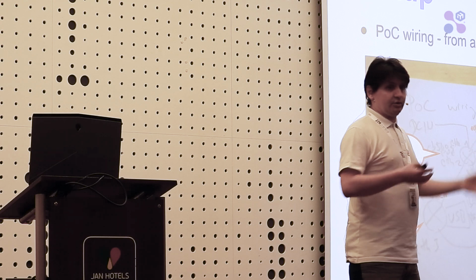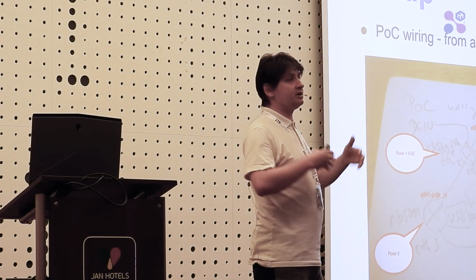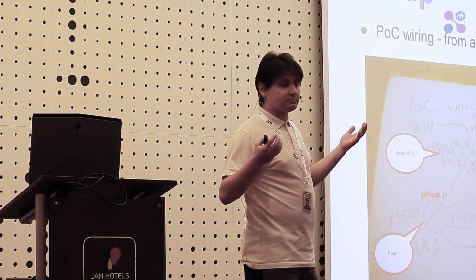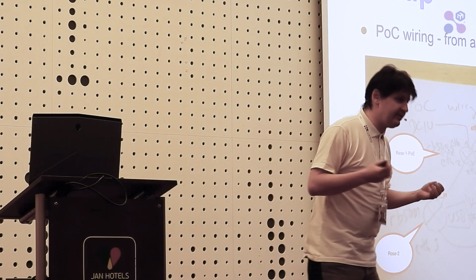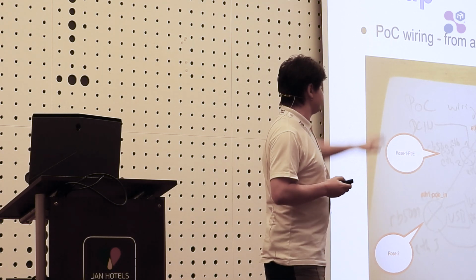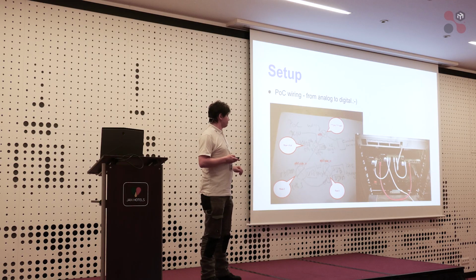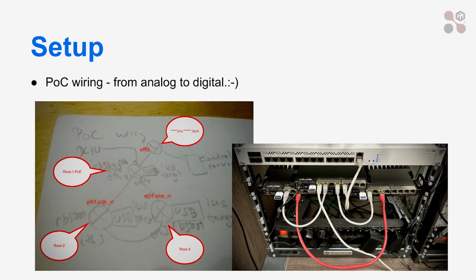We put it together to create some kind of simulation of how the very basic network setup can look like. It can be layer 2, it can be layer 3, doesn't matter now. We will talk about that later, but the basic is 3 devices, 3 storage devices, and let's put it together.